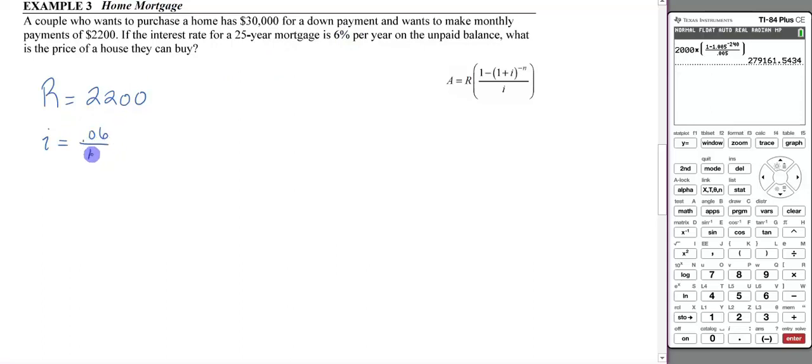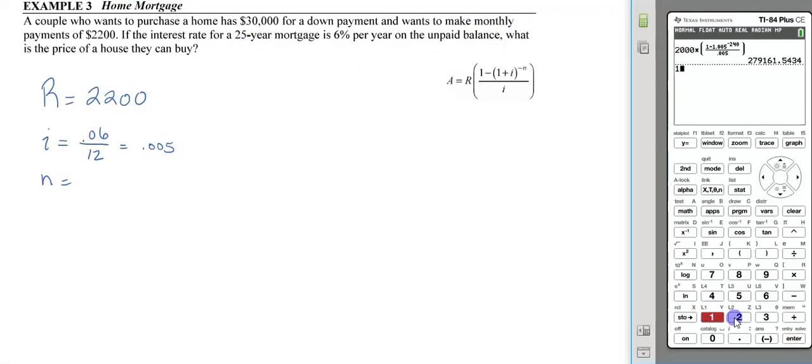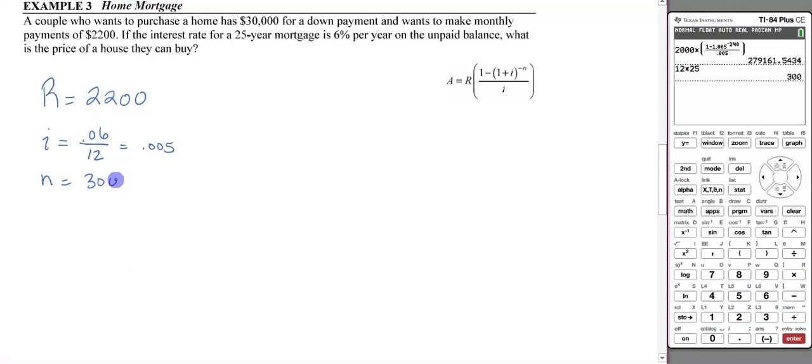So we're going to divide by 12, and so we get 0.005. And our N is the 25 years times 12 monthly payments. So 12 times 25, we're going to have 300 payments.